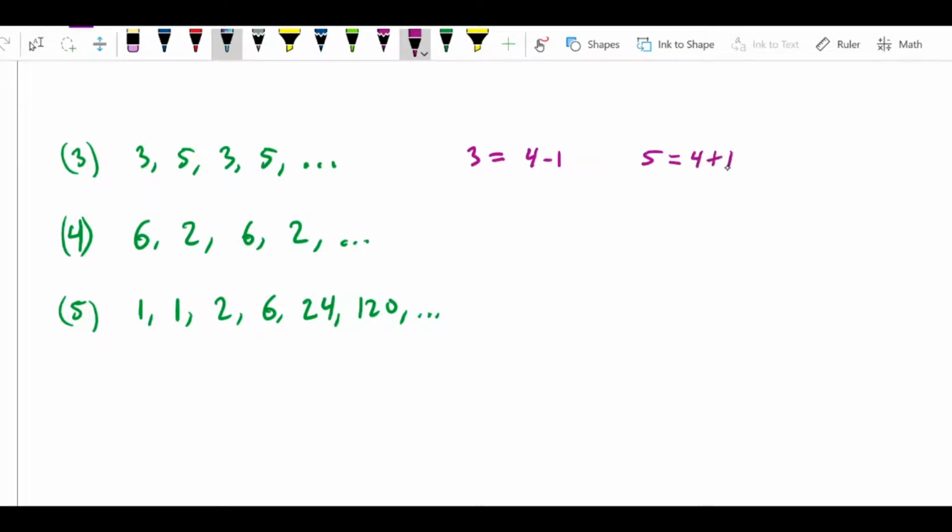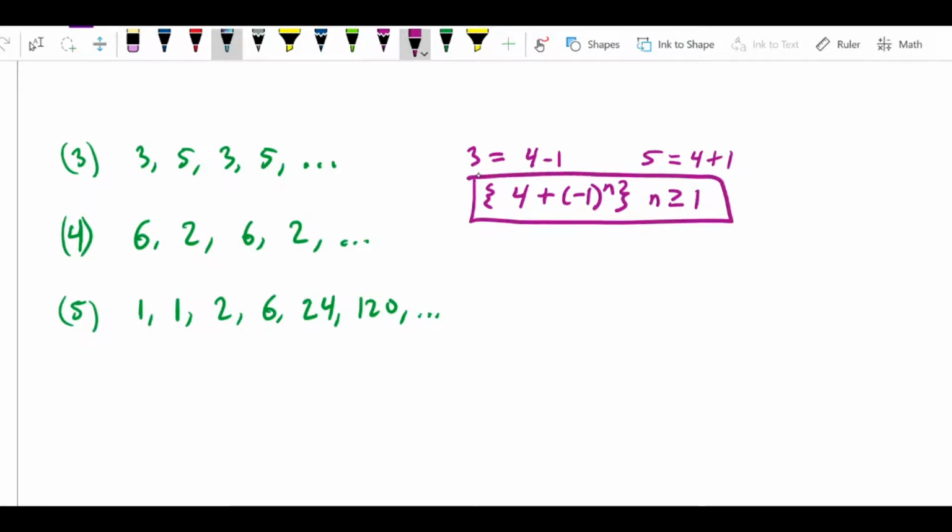So it's kind of convenient, because we can define this sequence as 4 plus negative 1 to the n for n greater than or equal to 1, because as you can see, we're just either subtracting 1 or adding 1 to the number 4, and that gives us either 3 or 5.